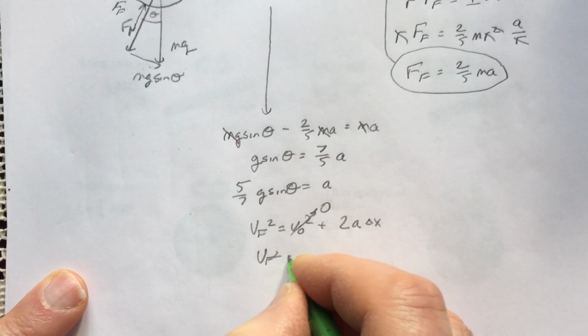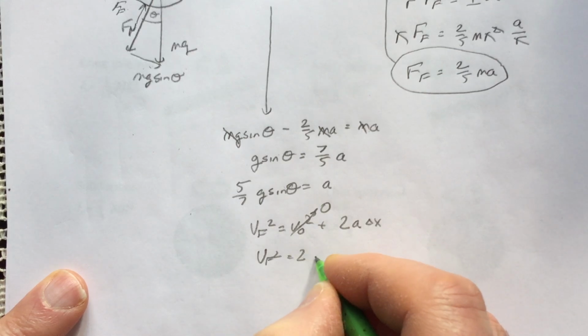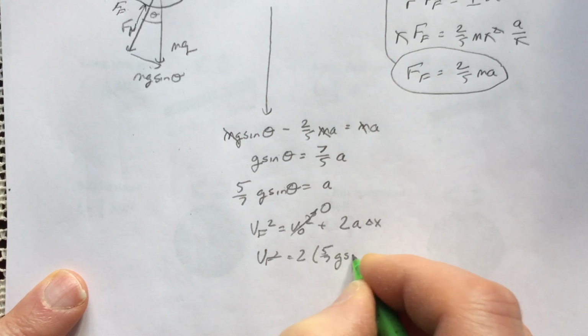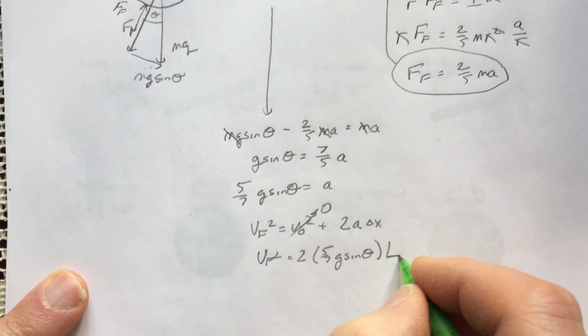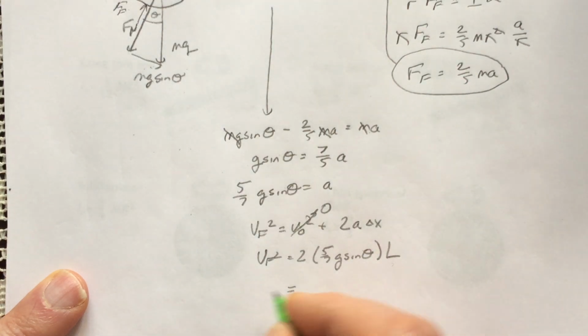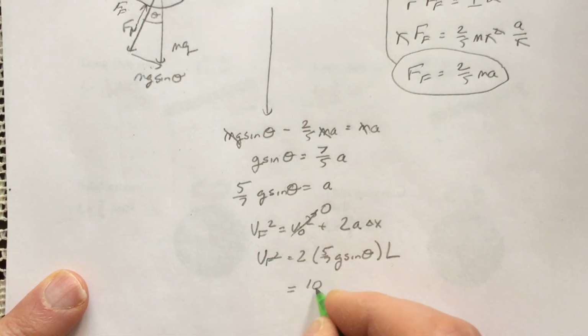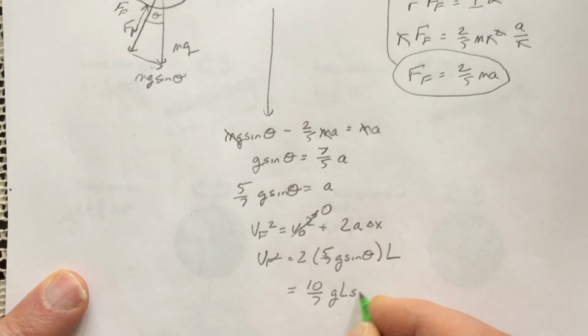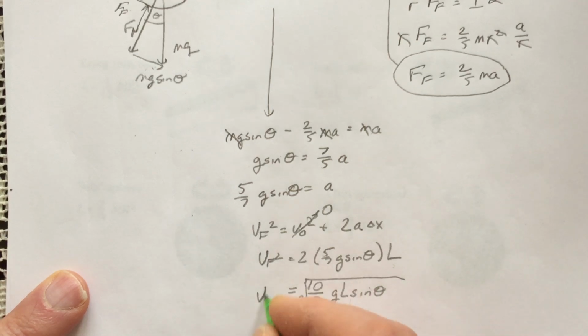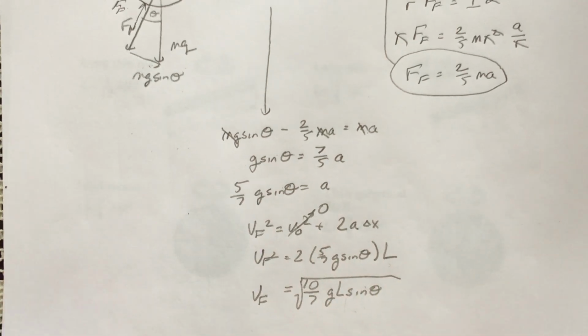V final squared equals 2 times my acceleration, which is 5/7 g sine theta, times L. Do the math. This becomes 10/7 g L sine theta, square root of the whole thing, turns out to be my final velocity, and we are all set. Okay?